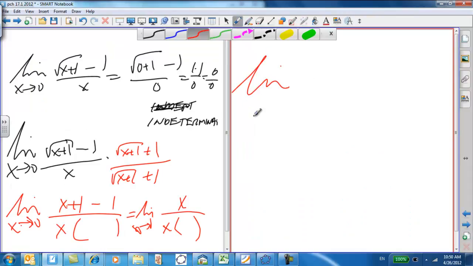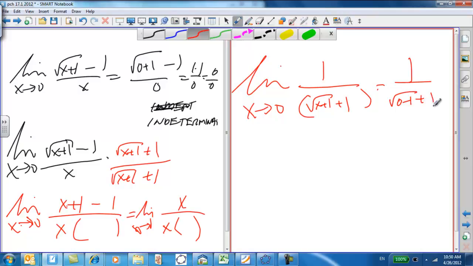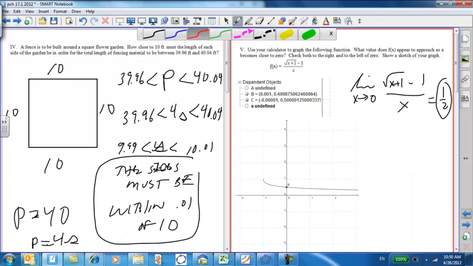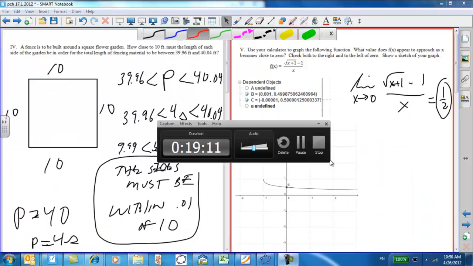So you get the limit as x goes to 0 of 1 all over the square root of x plus 1, plus 1. Now when we evaluate the limit and put 0 in, we get 1 over the square root of 1, plus 1. We get 1 over 1 plus 1, or 1/2. So there's a proof of why that limit is 1/2. Even though the function itself is undefined at 0, it seems to be getting closer and closer to something.